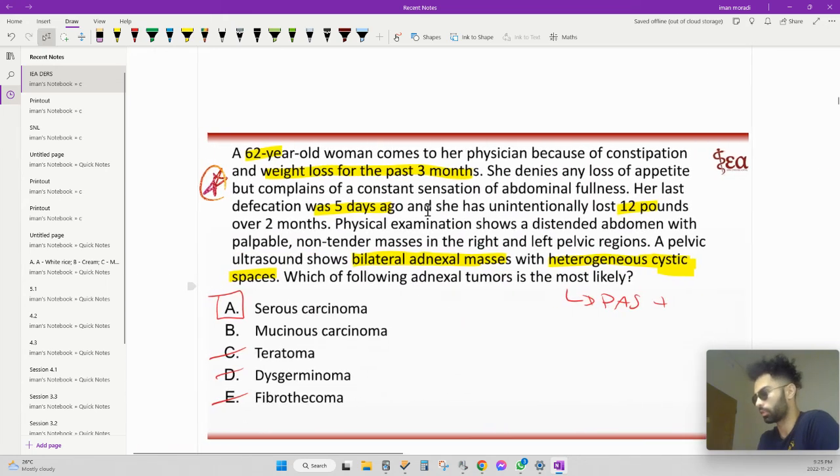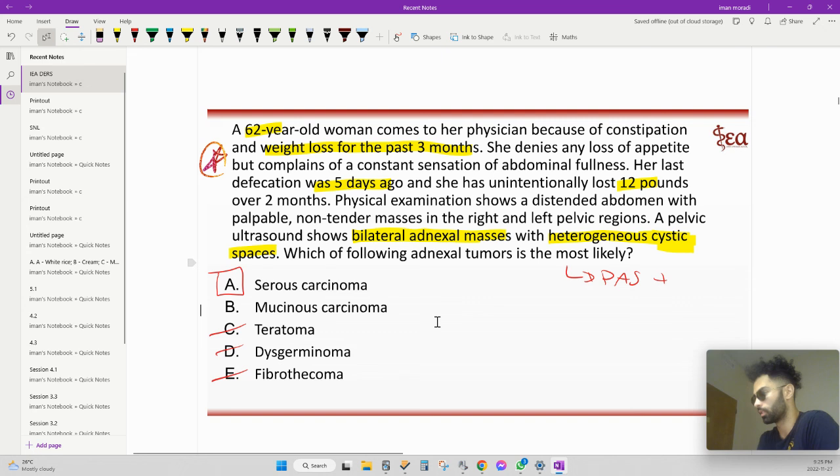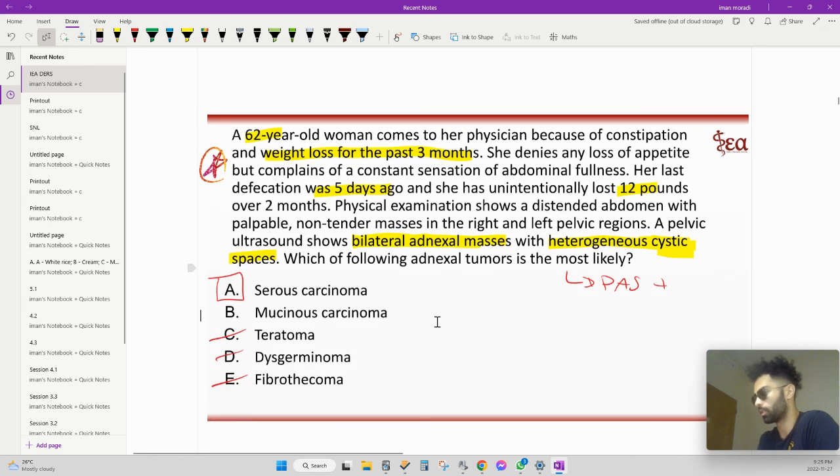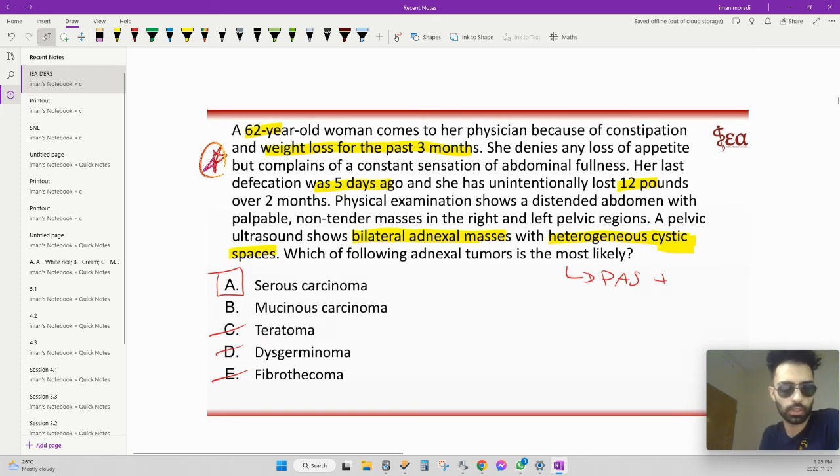And I'm wrong. Let's see what the explanation says. I think maybe the serous one is the more common one, maybe the mucinous one is.